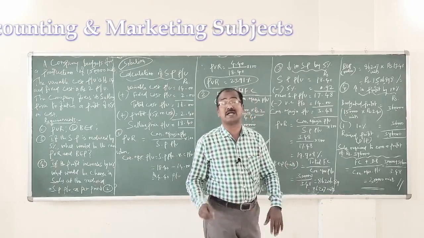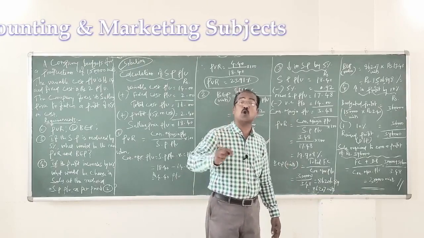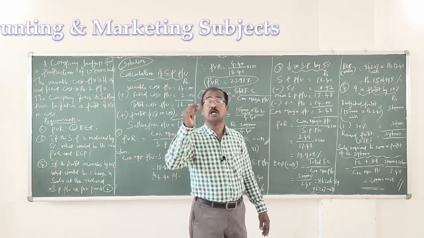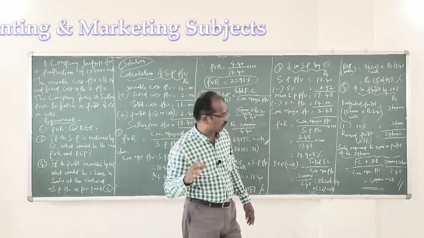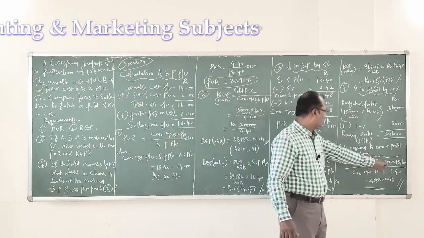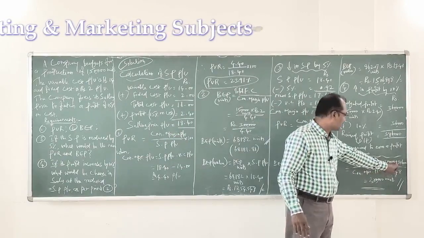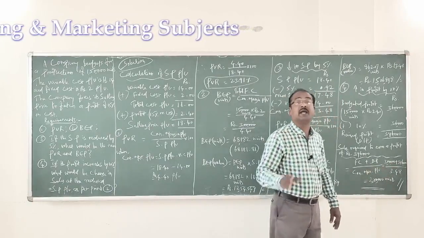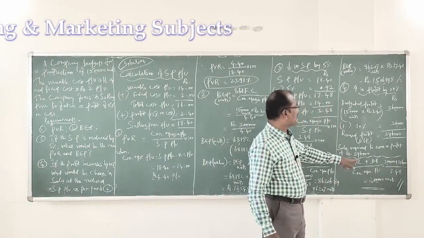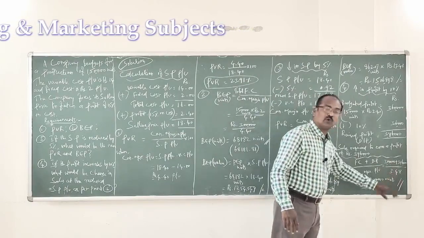It will give us the number of units to be sold at a given selling price to earn the desired profit of 3,96,000 rupees. Therefore, here 3 lakh rupees is the fixed cost plus the desired profit 3,96,000 rupees, the whole divided by revised contribution margin per unit 3.48.